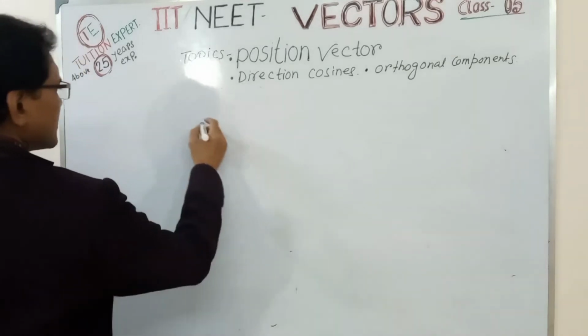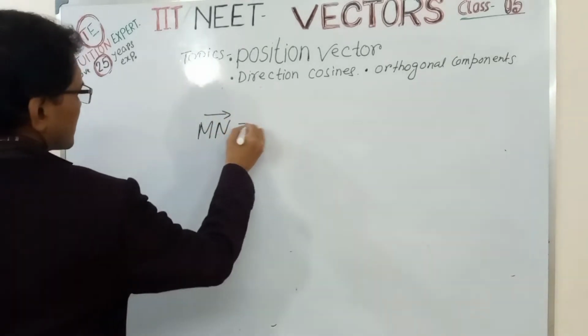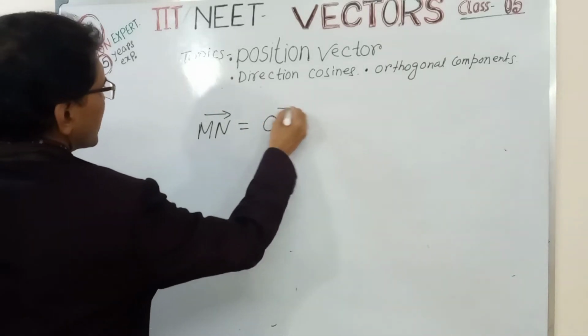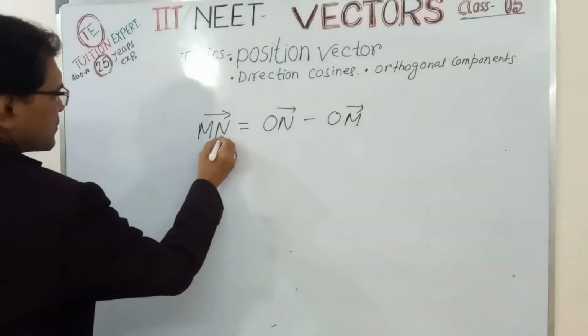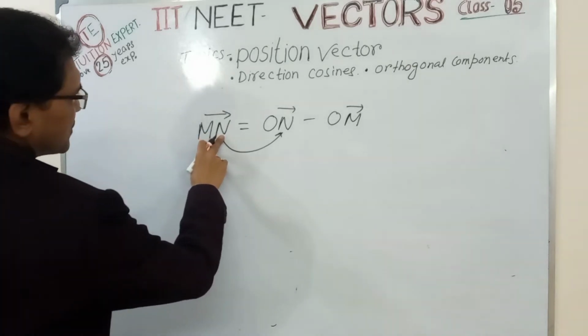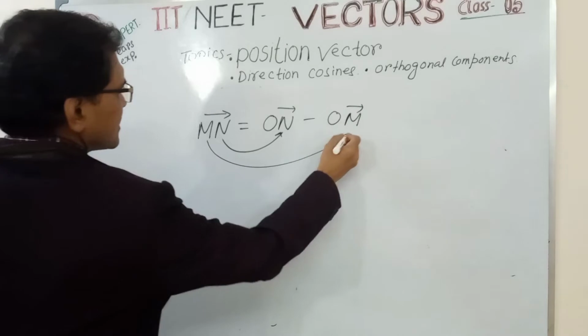To remember, suppose you have to determine the MN vector. We write ON minus OM, that is, the end point becomes first.